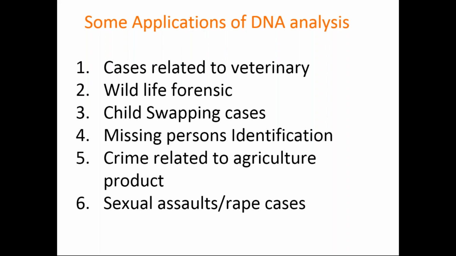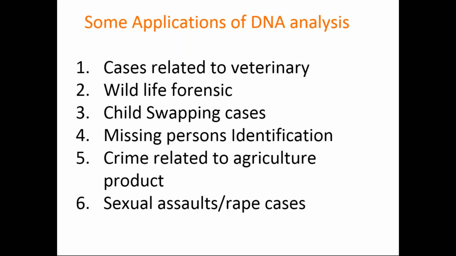Apart from this, DNA analysis is also utilized for cases related to agriculture crime, in which recently, as you know very well, genetically modified plant varieties have been developed by many companies, and such new transgenic varieties of crop plants are available in the market, but with the same brand name, fake seeds or fake plant varieties are also available.